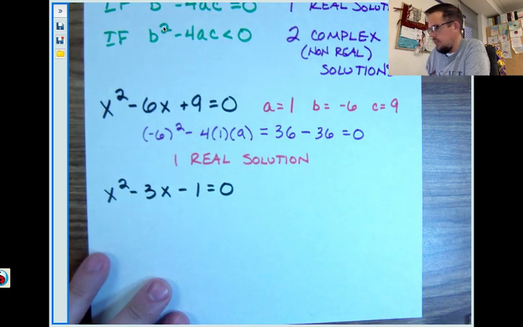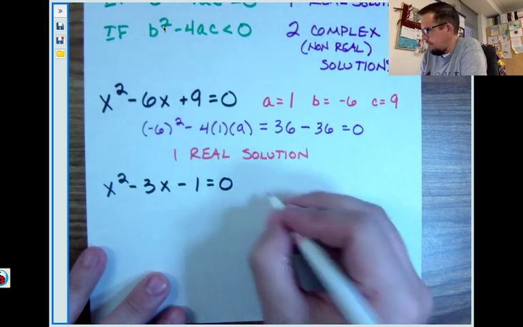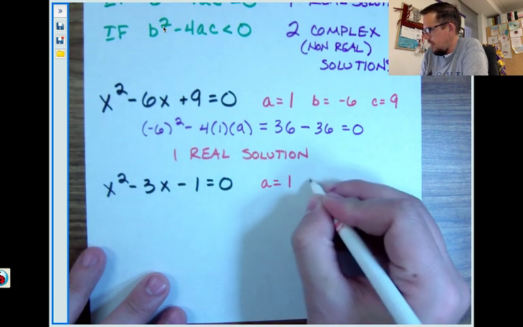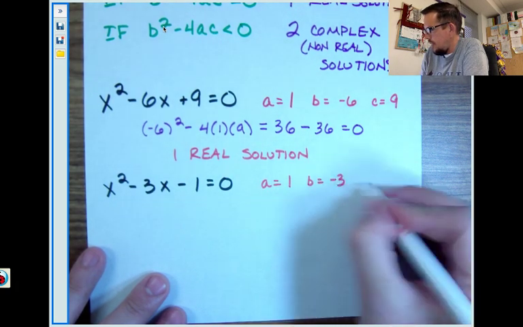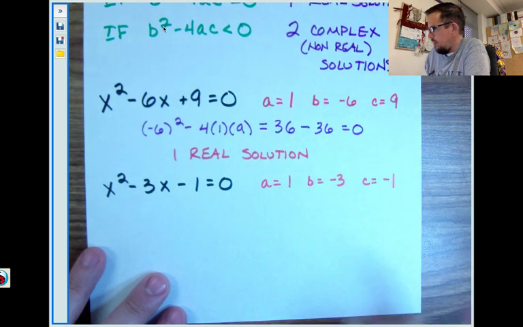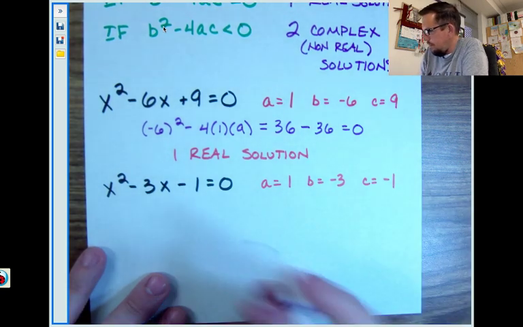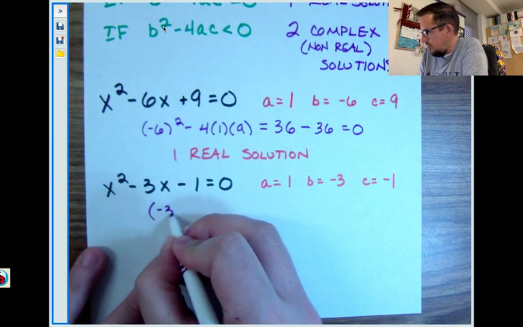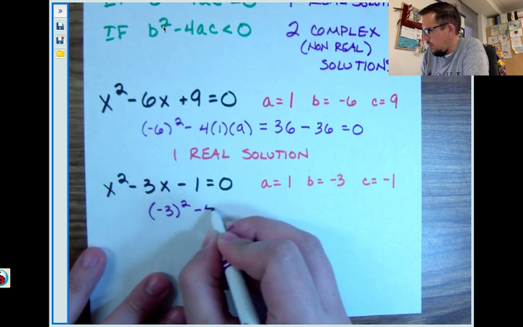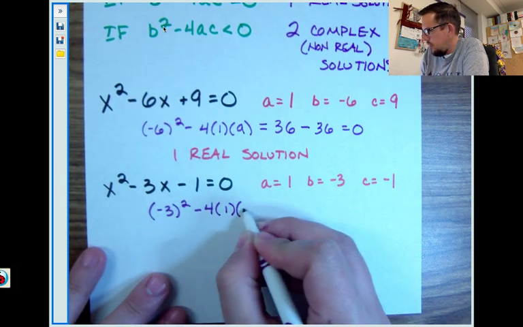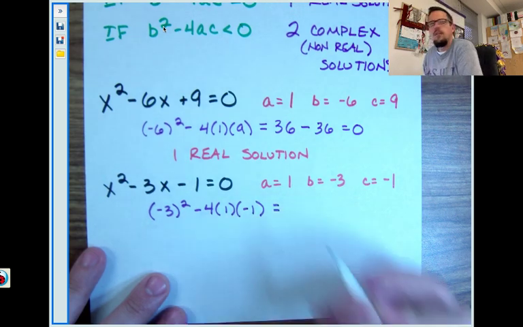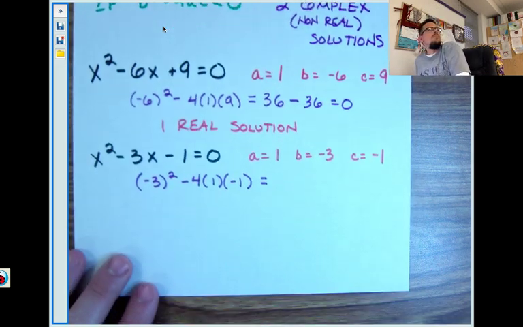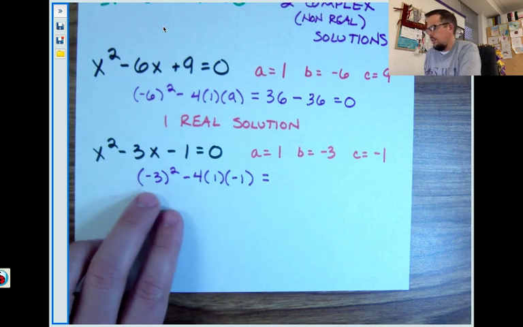Okay, take a look at this one. What's a? 1. b, negative 3, and c, negative 1. Okay, let's plug them in. b squared minus 4ac. So negative 3 squared is 9.